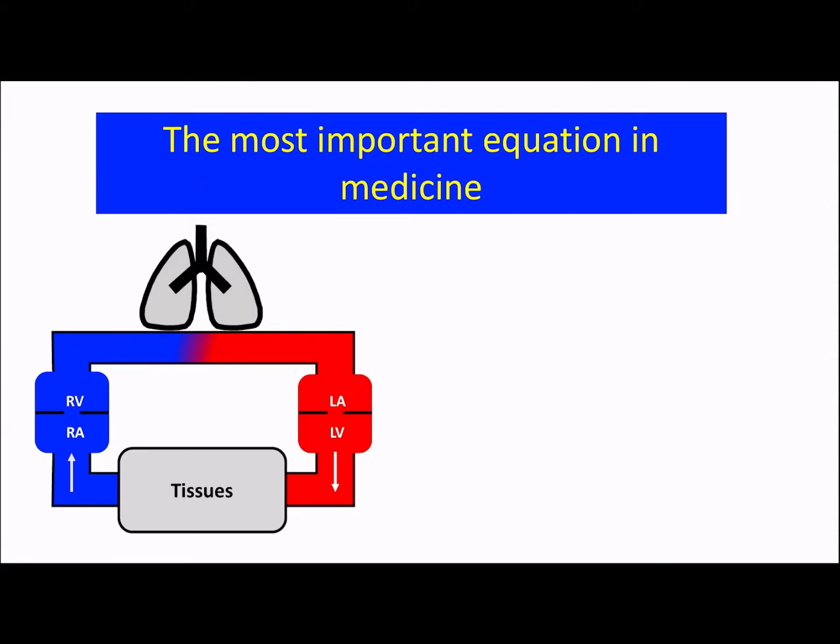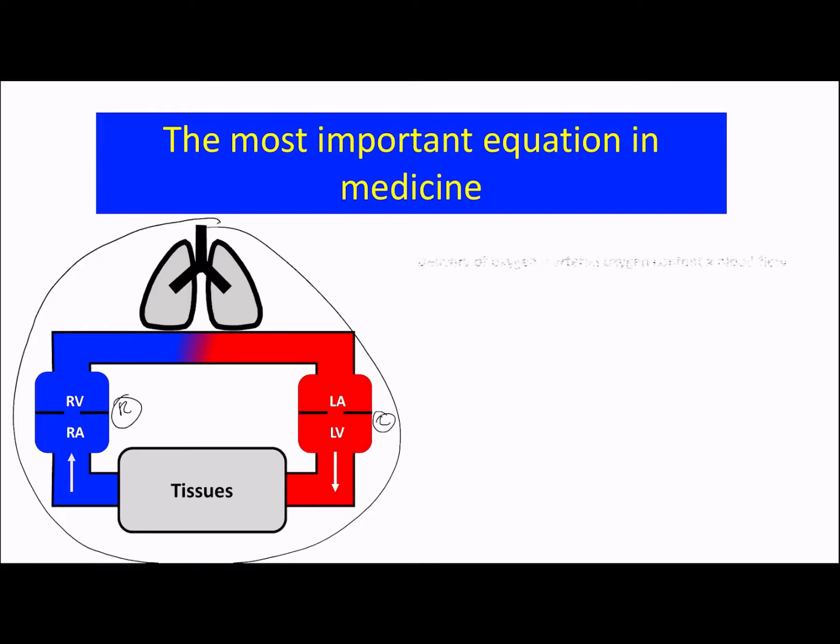So, we've had a look at this picture before. This is the picture of the lungs, right side of the heart, left side of the heart. So, what do we know? The delivery of oxygen must be equal to the oxygen content in the arteries after the oxygen has come in from the environment into the lungs, dissolved via its partial pressure gradient into the pulmonary capillaries.